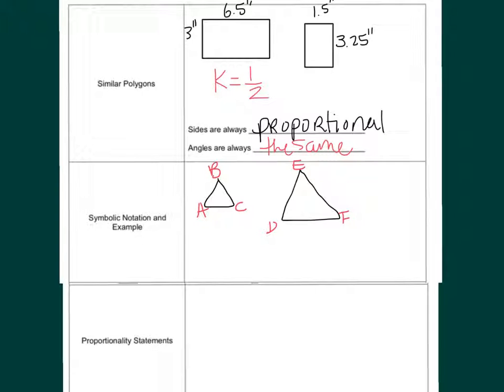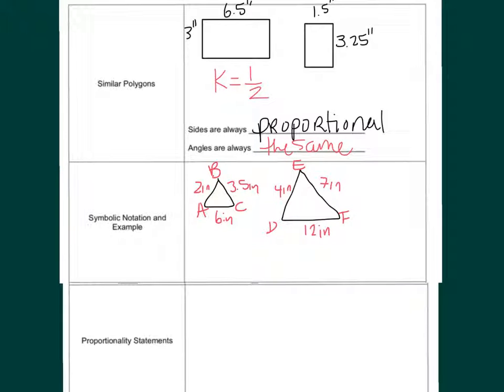Let's go ahead and show that these triangles are proportional. So this side is 2 inches, this side is 3.5 inches, this side is 6 inches, and then some corresponding sides. This is 12 inches, this side is 7 inches, and lastly, this side is 4 inches.